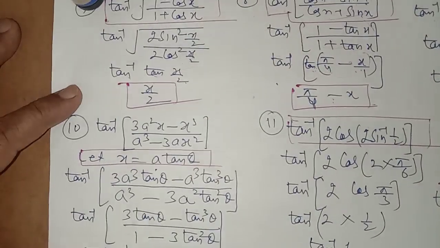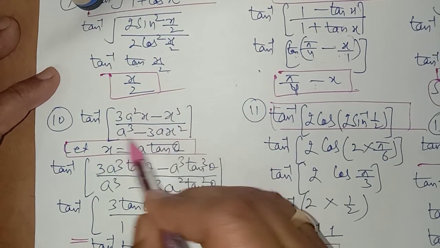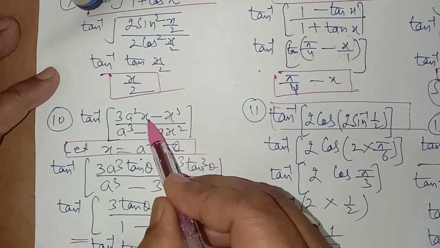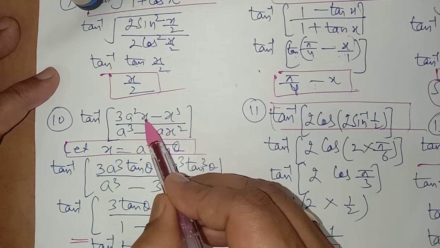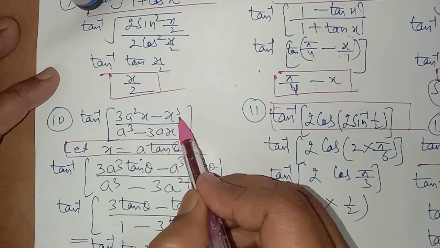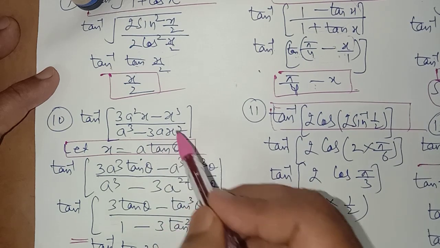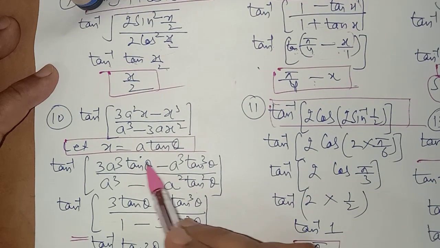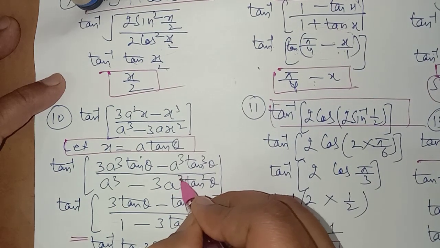Similarly is question number 10. If you put x is equal to a tan theta here, it comes out to be 3a cube tan theta minus a cube tan cube theta, upon a cube minus 3a square tan square theta. You take a cube common from the numerator as well as the denominator.